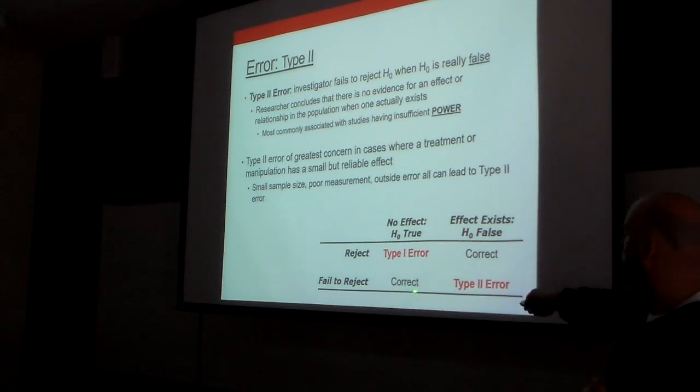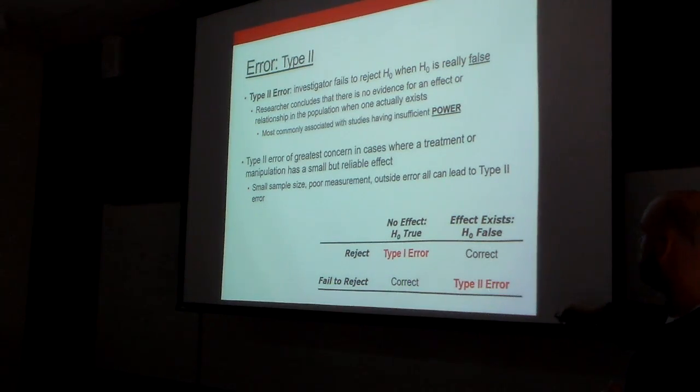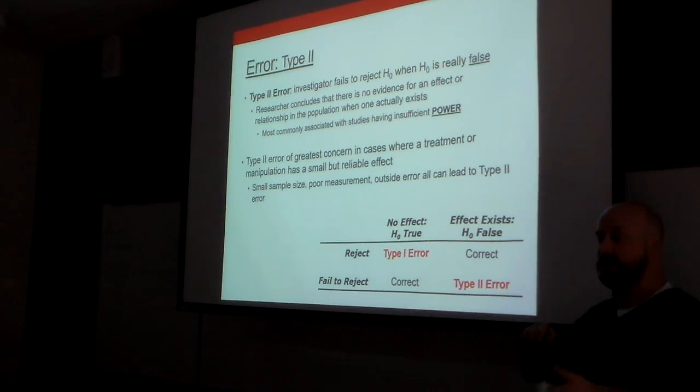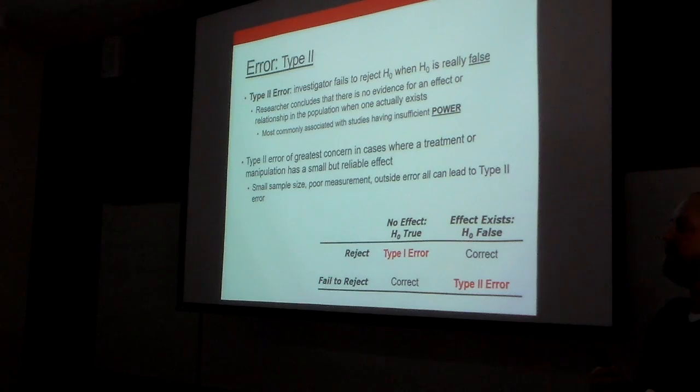Fail to reject and the null is actually true, we're good. But if we fail to reject and the null hypothesis is actually false, then we have our type 2 error here. Okay? So just thinking about the different types of mistakes that we can make when reaching our conclusions with these statistical tests. Questions on this? All right.